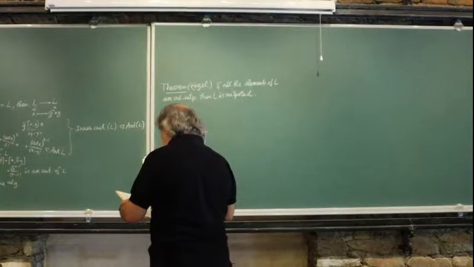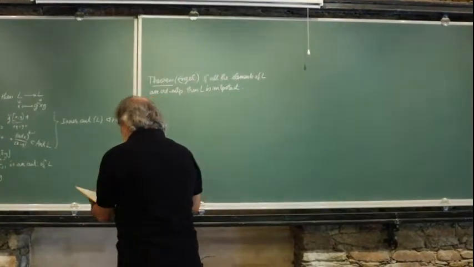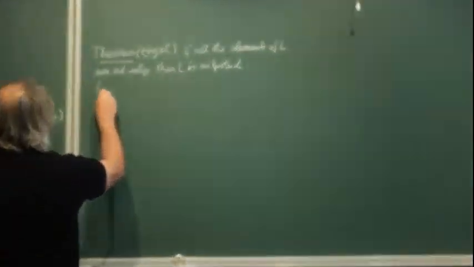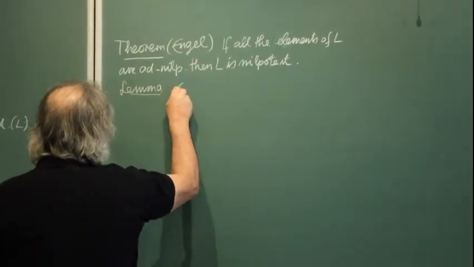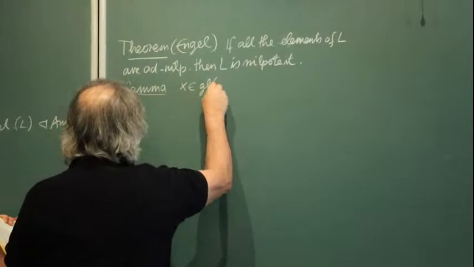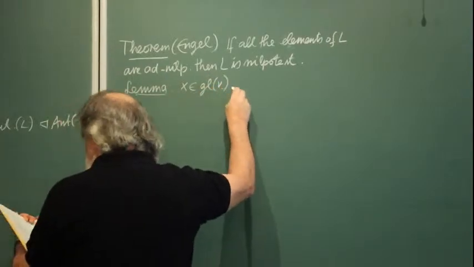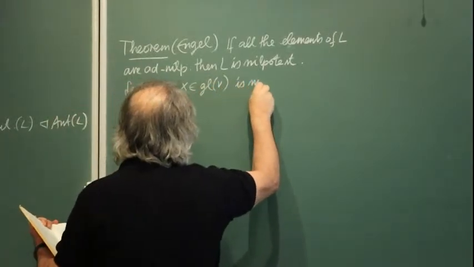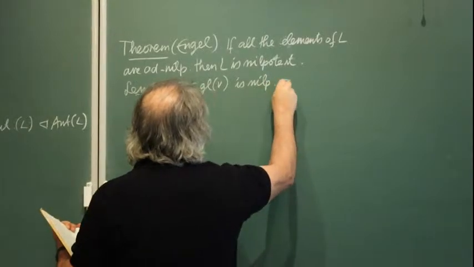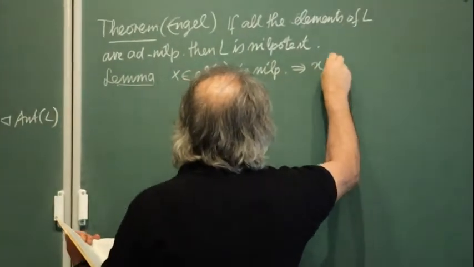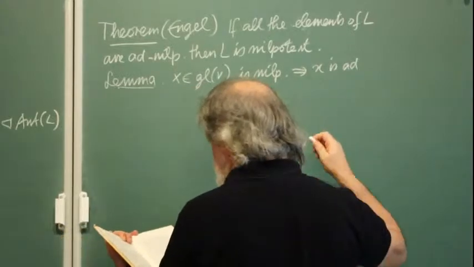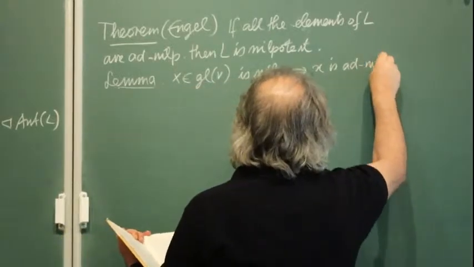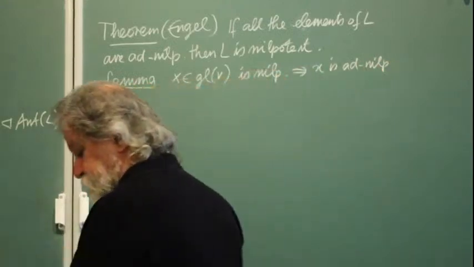To prove this, we use the lemma: if x in GL(V) is nilpotent, then ad x is nilpotent. That's what we used.